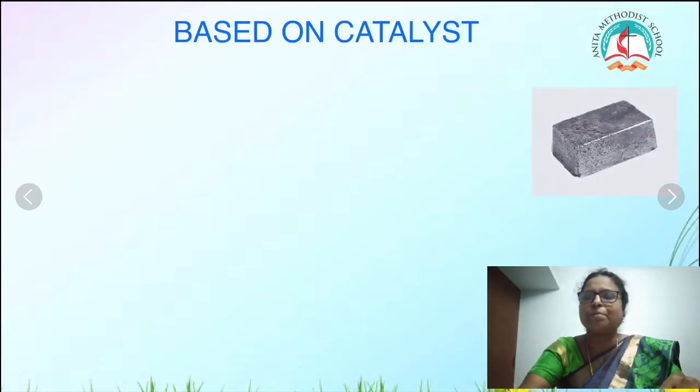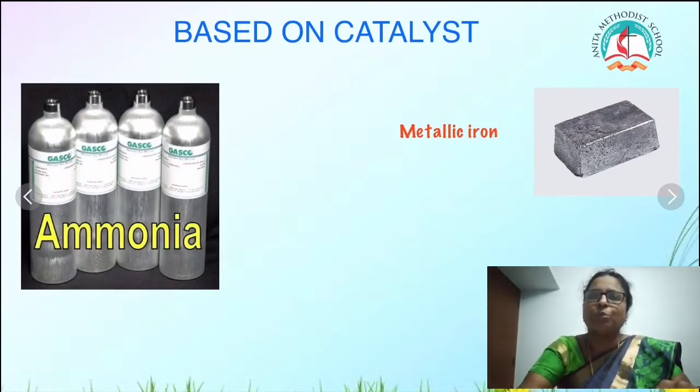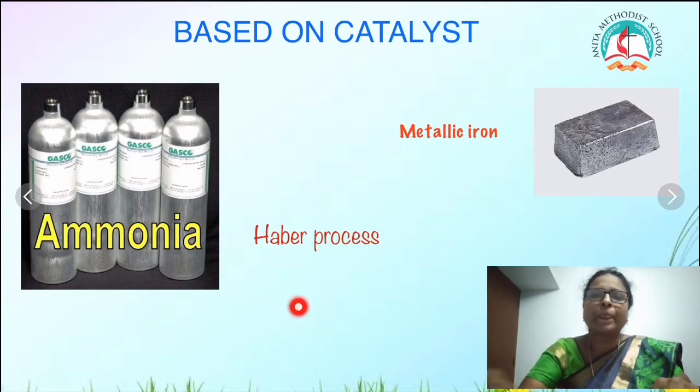For example, here you can take the metallic iron as a catalyst used for the production of ammonia. Which catalyst is used for the production of ammonia? Metallic iron.